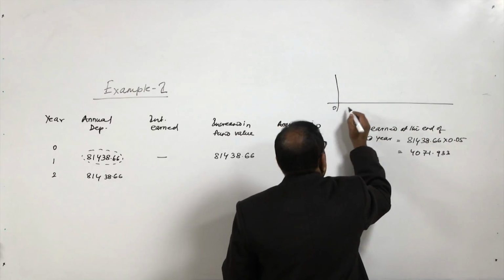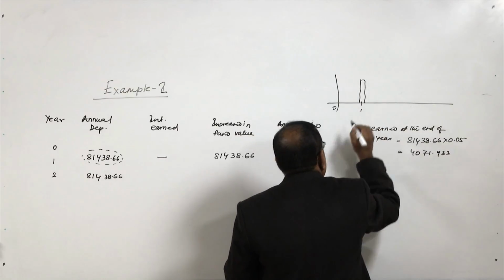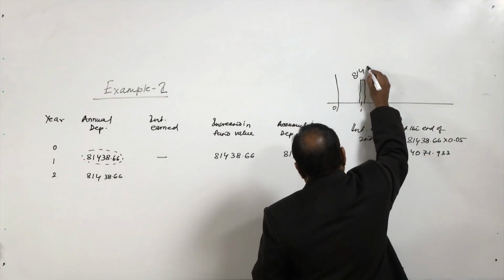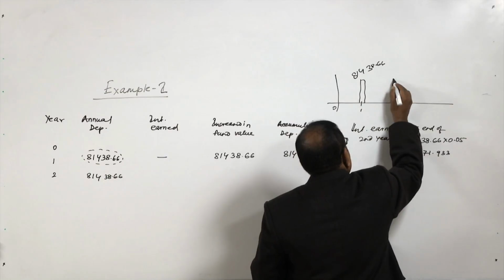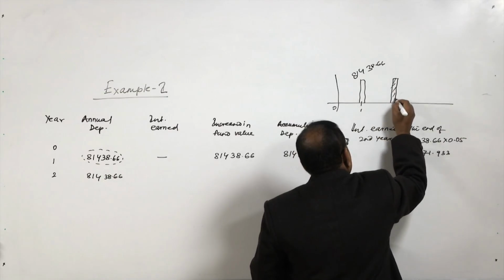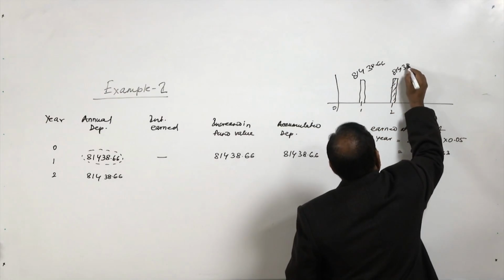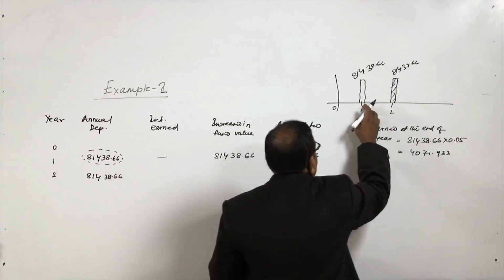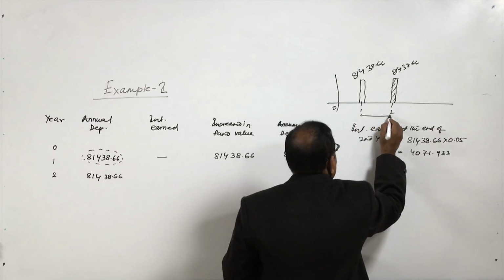If I see the timeline, this is 0, this is a payment done at the end of first year, and this payment is 81438.66. Now, there will be another payment in second year, which is also 81438.66, but the first payment will earn interest for 1 year.